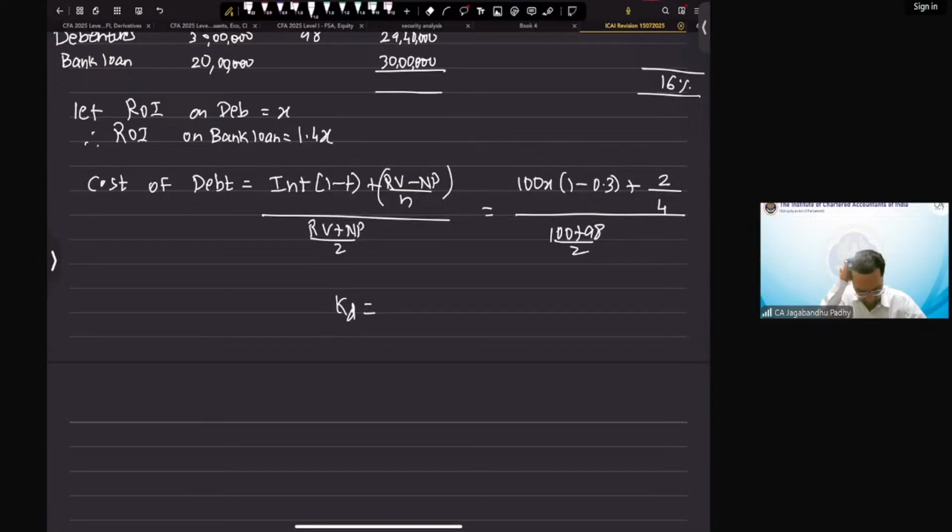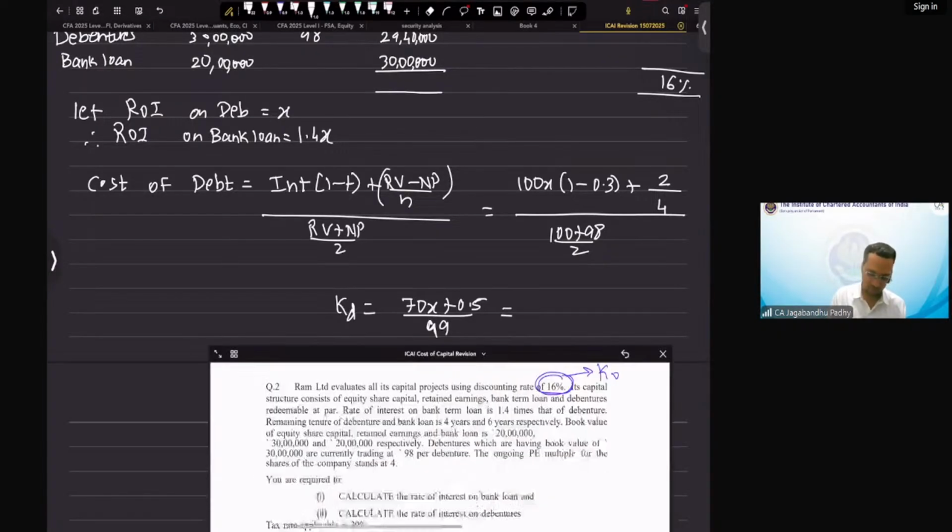The cost of debt is going to be 70x plus 0.5 upon 99.